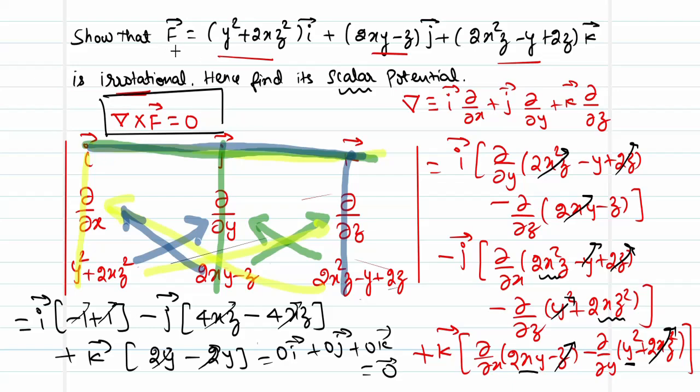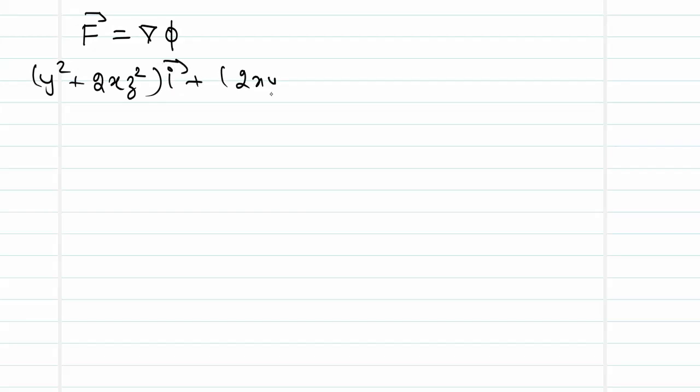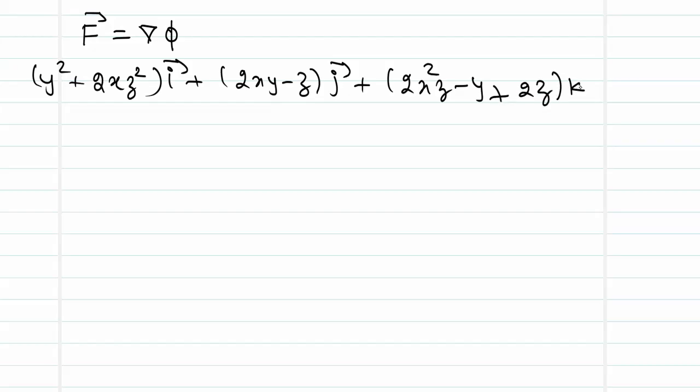I know that if it is going to be an irrotational vector, then my f vector can be expressed as del times phi. Now this f vector for me is given as y square plus 2xz square times of i plus 2xy minus z times of j plus 2x square z minus y plus 2z times of k.